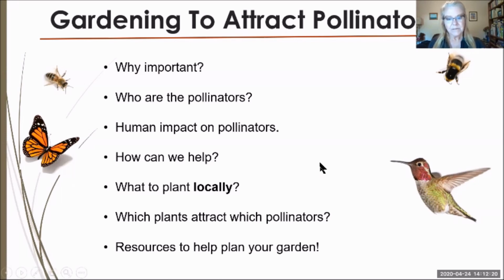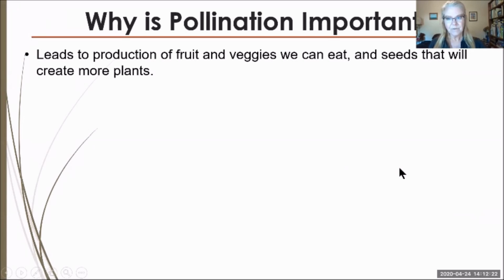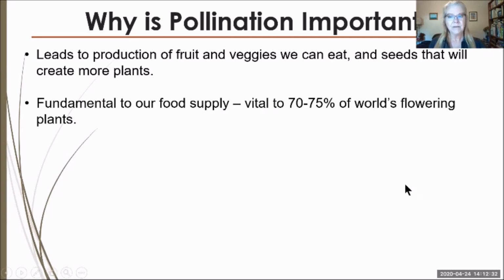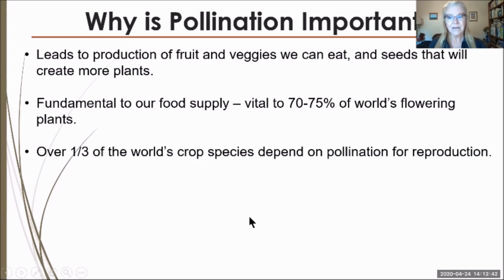Okay, so why is pollination even important? Pollination leads to the production of fruit and veggies we can eat and seeds that will create more plants, and it's really fundamental to our food supply. It's vital to 70 to 75% of the world's flowering plants, believe it or not, and over 1/3 of the crop species are totally dependent upon pollination for reproduction.